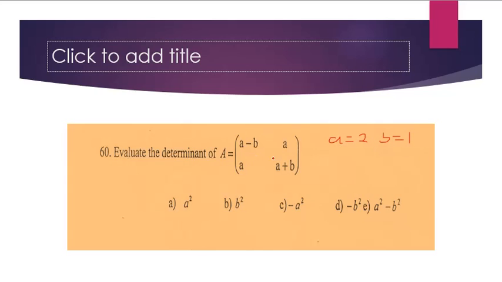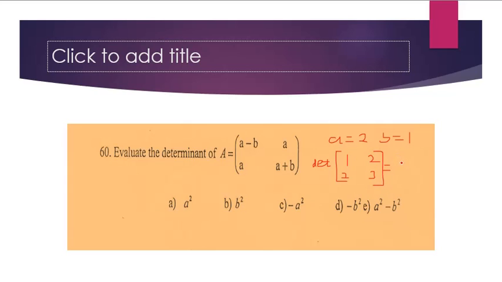So let's try to solve the determinant of this. The determinant of the matrix will now be: A minus B, so 2 minus 1 is 1. A is already 2, and then A plus B is 3. So let's solve the determinant of this 2 by 2 matrix.